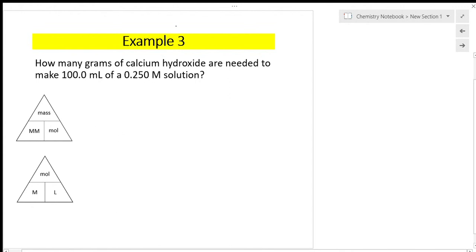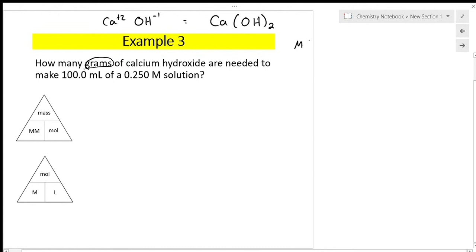First of all, we need to know what the formula for calcium hydroxide is. So it's calcium Ca with a +2, hydroxide is OH with a -1. When you cross your charges, you get Ca in parentheses, OH parentheses 2. Okay. Since we're looking for how many grams, I know I'm going to have to find molar mass. Let's just get the molar mass right away.